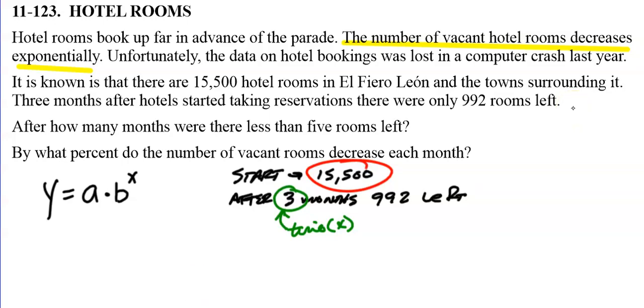So here's what we have. So we got our starting value. We know that this is where it starts from. And then 3 months, and then we end up with 992 that are left over. So we can build this. So we know that after 3 months, there's 992 when we started at 15,500.